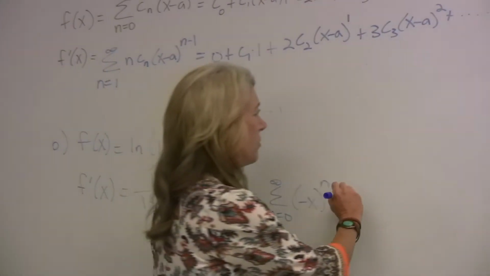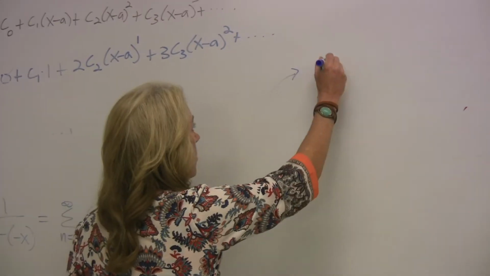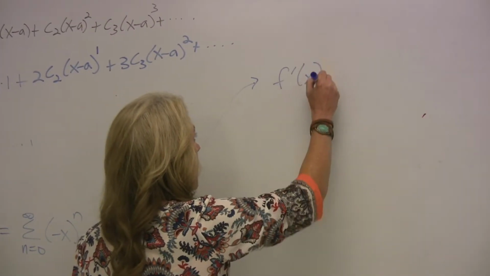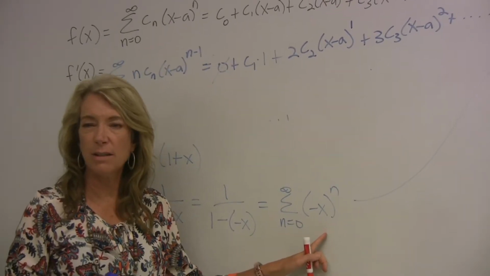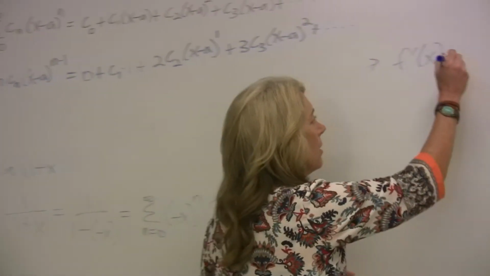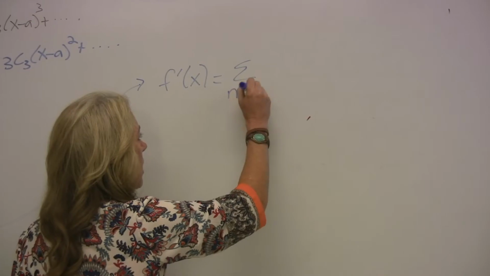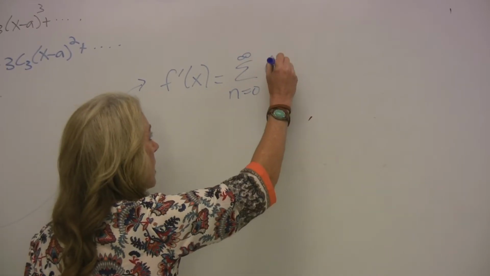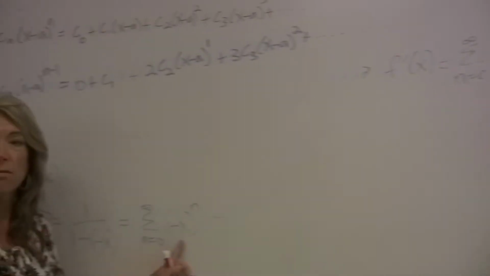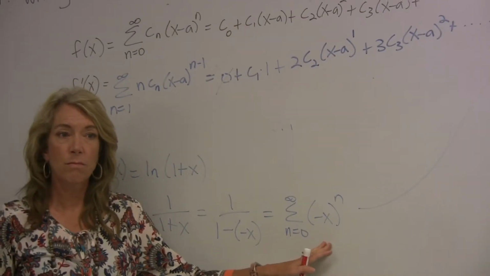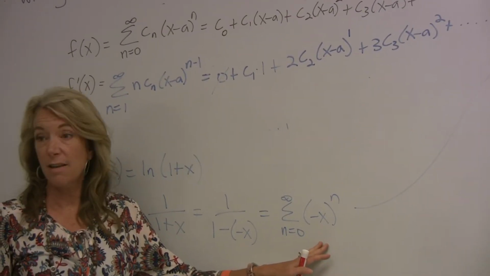So let me move this up top so you guys can see it back there. So the derivative, I'm going to simplify it by breaking out the constant terms and the x terms, because it's going to be affected by the derivative. Do you agree that this is the same as negative 1 to the n, x to the n? That's f prime.